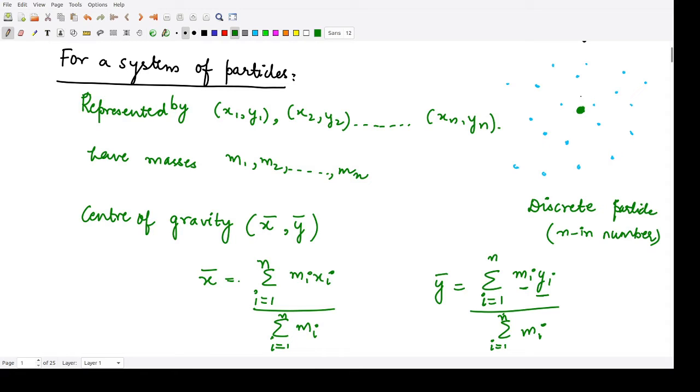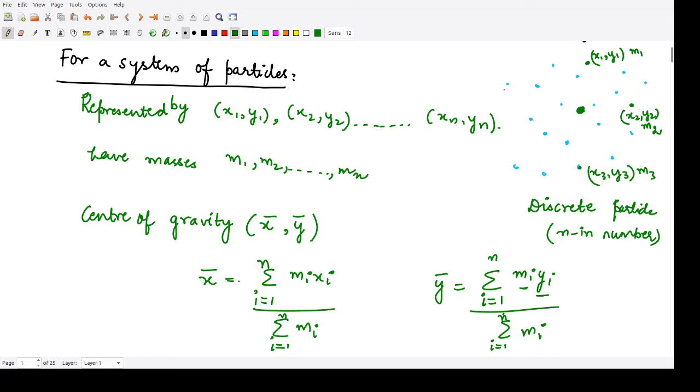If I denote the position of this particle by x1, y1 and its mass by m1, the second particle would be x2, y2, this is the position vector, and its mass is m2, and then the third particle would be x3, y3 and its mass would be m3, and so on.